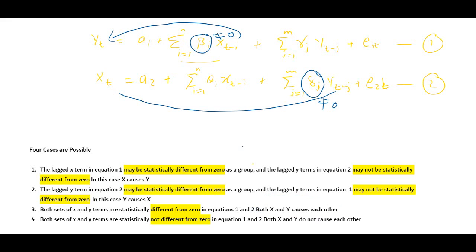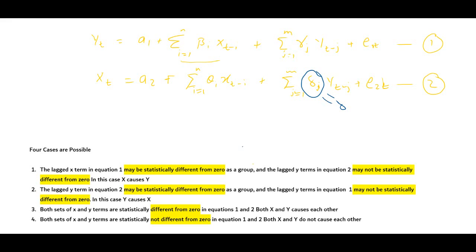And then we have a fourth scenario where both x and y terms are statistically not different from 0, means they are near to 0 or statistically equal to 0. So xt has no impact on yt and yt has no impact on xt.